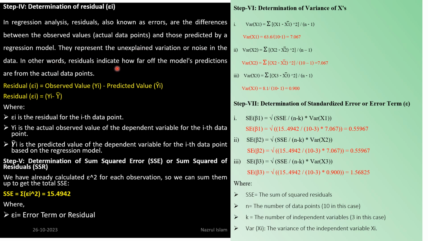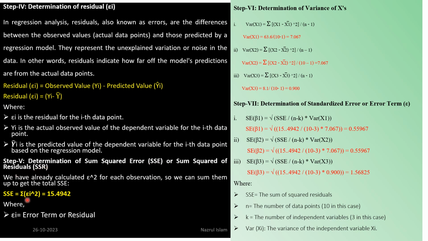In other words, residuals indicate how far the model's predictions are from the actual data points. So the formula of residual is yi, that is the observed value of y, minus hat y, the predicted value of y. In the next step, we will determine the sum squared error, SSE, the sum of squared residuals.